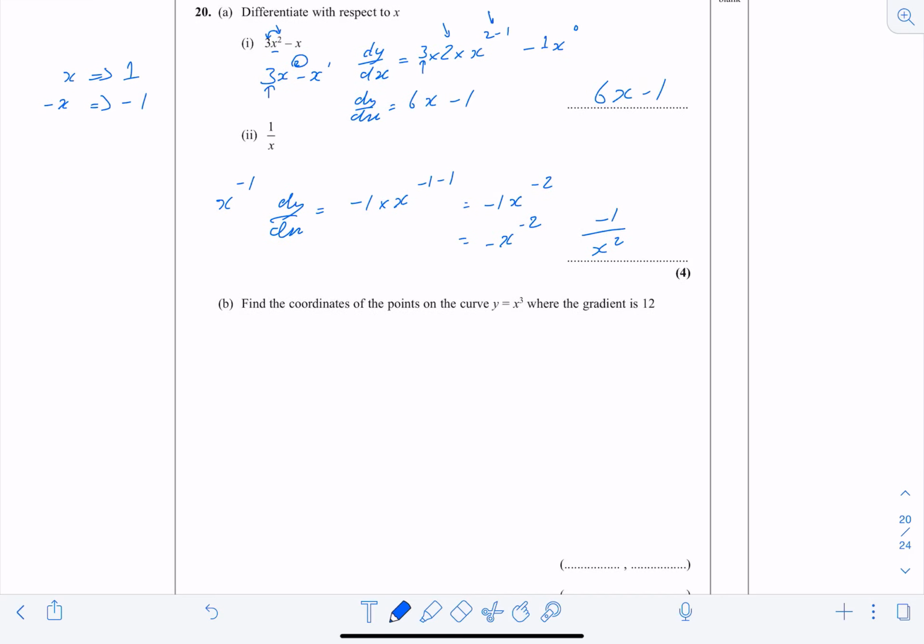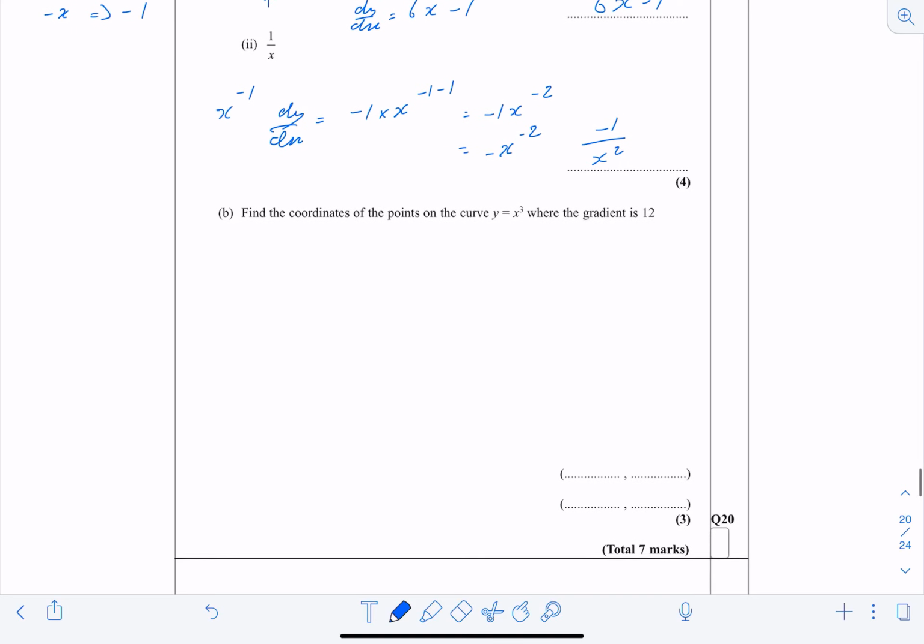Find the coordinates of the points on the curve y equals x cubed, where the gradient is 12. That's an easy one, but I'll do it anyway. Now I know that y equals x cubed. I can differentiate that. dy over dx is 3x squared.